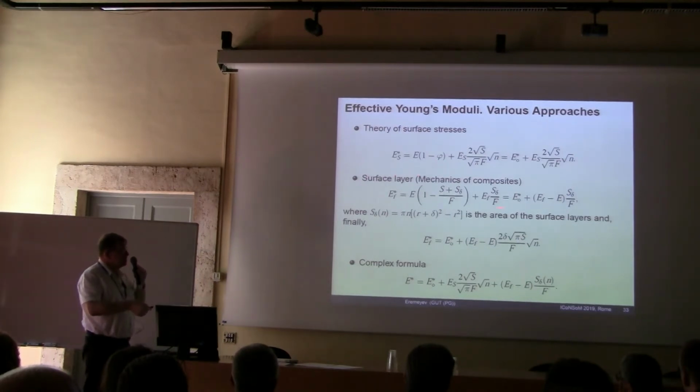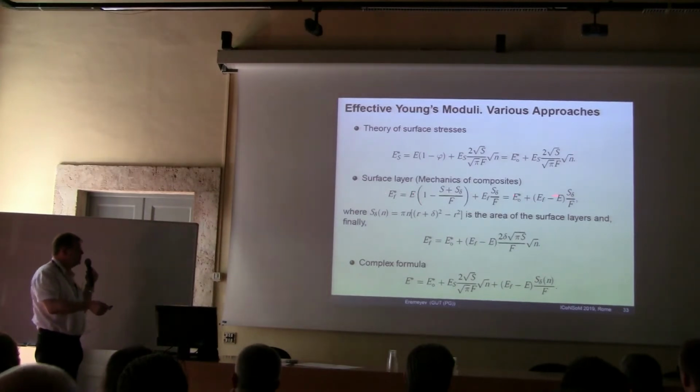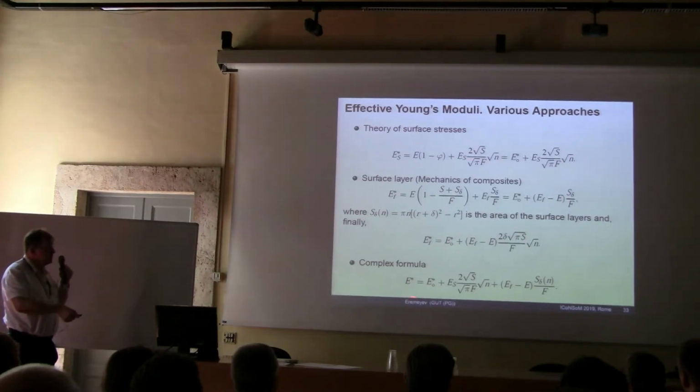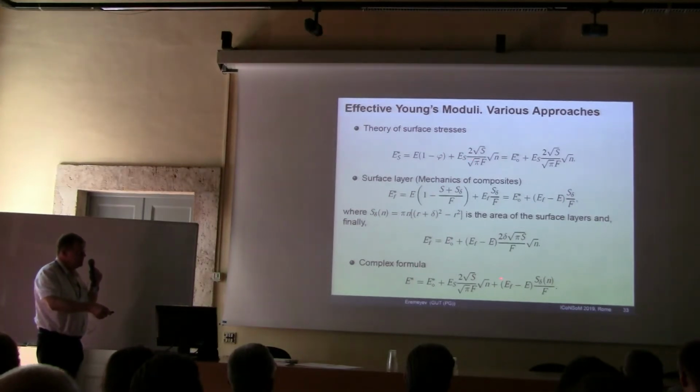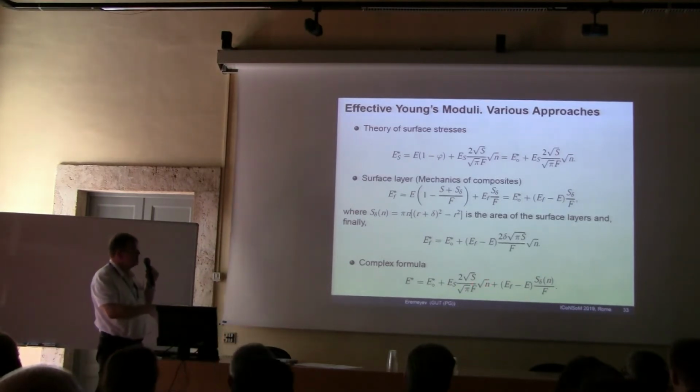We also compare with the typical mechanics of composites, like in the book of Christensen. It's classic, nothing else. If we combine them, we have some kind of behavior, where n is the number of pores for a given porosity.